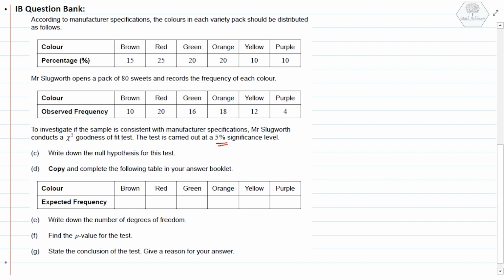For part C, we need to write down the null hypothesis for this test.